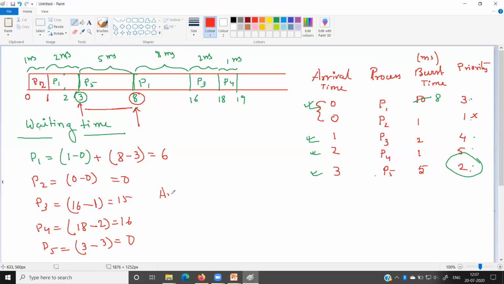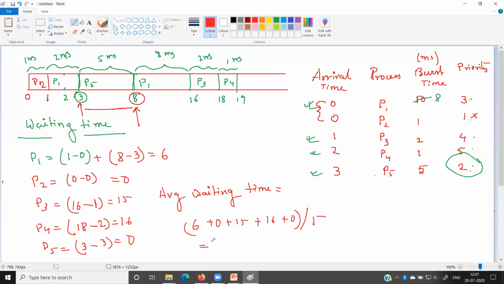So our average waiting time is equal to 6 plus 0 plus 15 plus 16 plus 0 divided by 5.